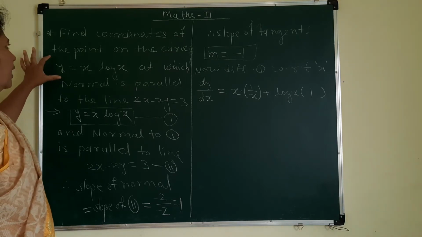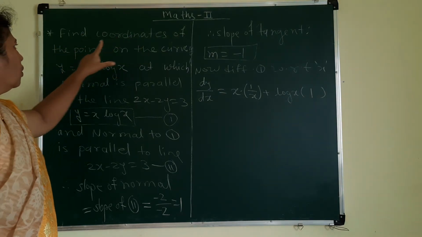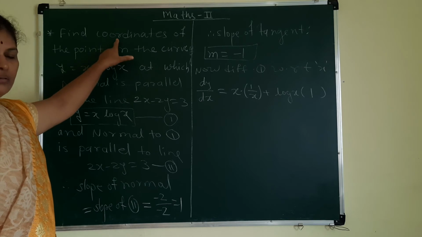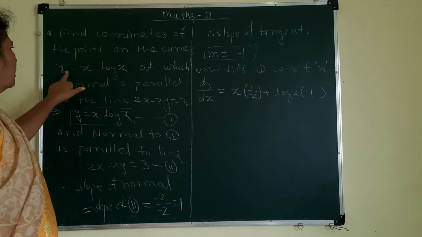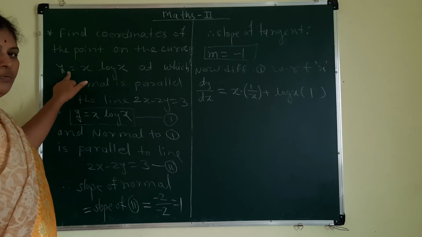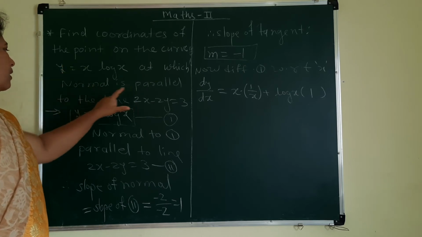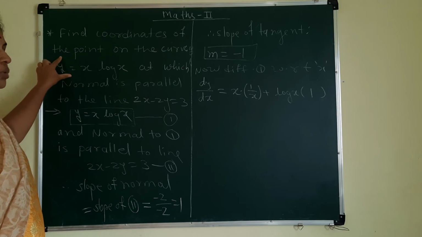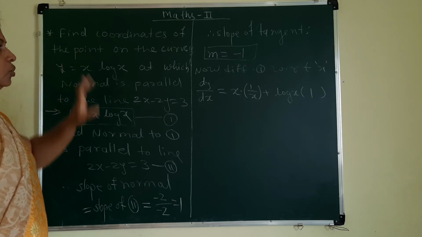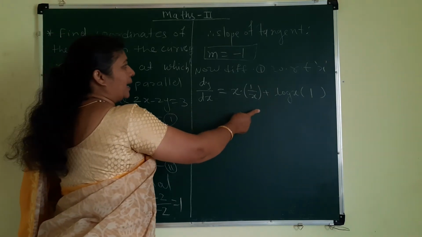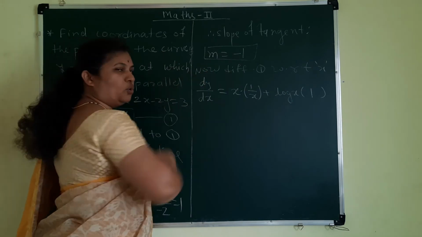We have to find the coordinates of that point at which the normal is parallel to this line. So this slope at that typical point is equal to minus 1.